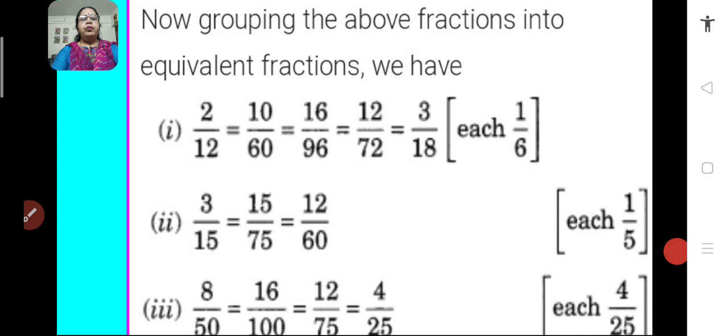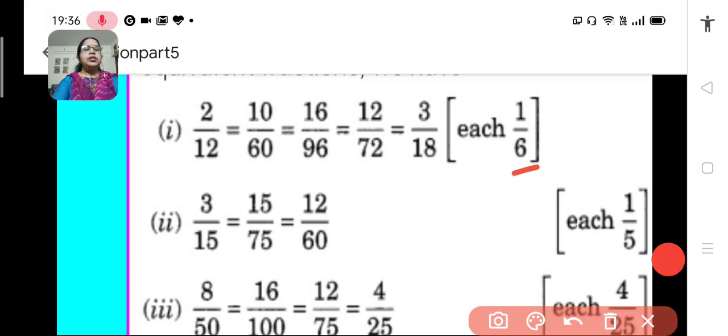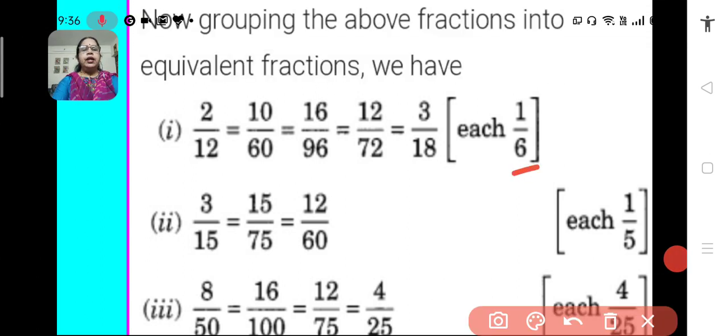Now, we can group these fractions. So we have 2 upon 12 is equal to 10 upon 60 is equal to 16 upon 96 is equal to 12 upon 72 is equal to 3 upon 18, because each in its simplest form is 1 upon 6. Similarly, the fractions 3 upon 15 is equal to 15 upon 75 is equal to 12 upon 60, because each in its simplest form is 1 upon 5.